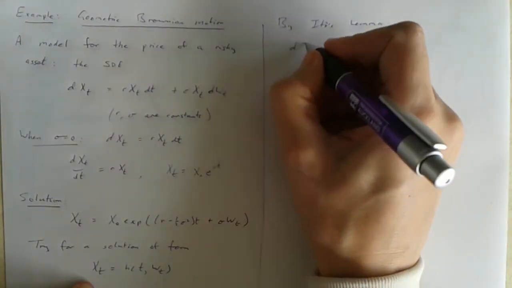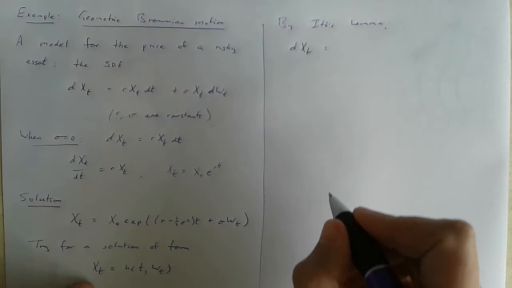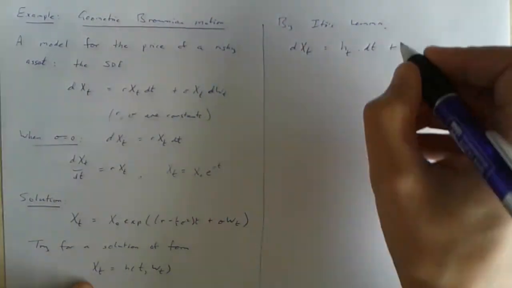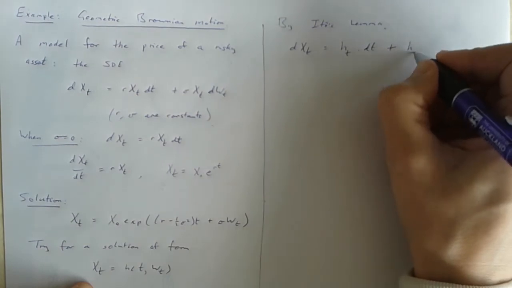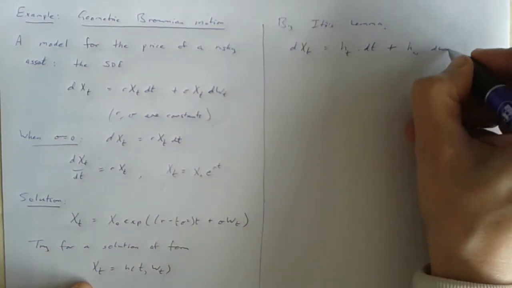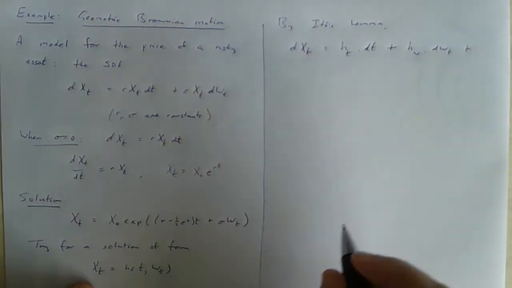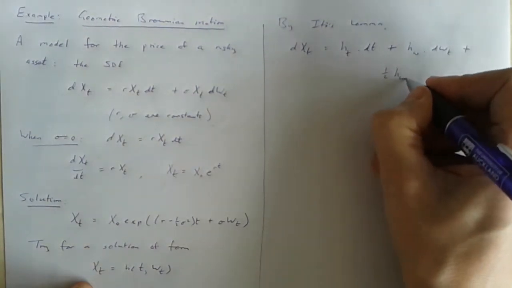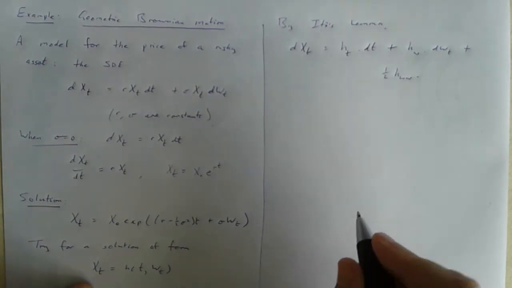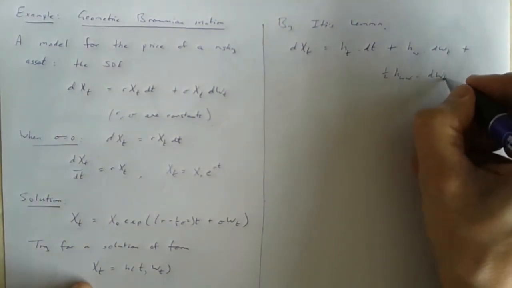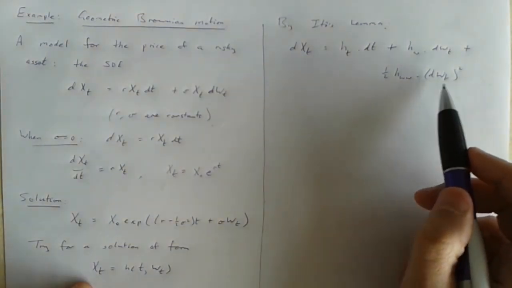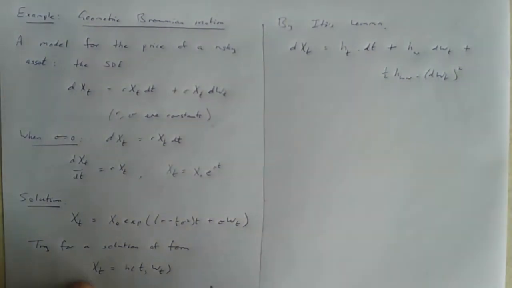So Ito's lemma says that dXt is that plus that plus a second order term like that, involving the quadratic variation of Wt.